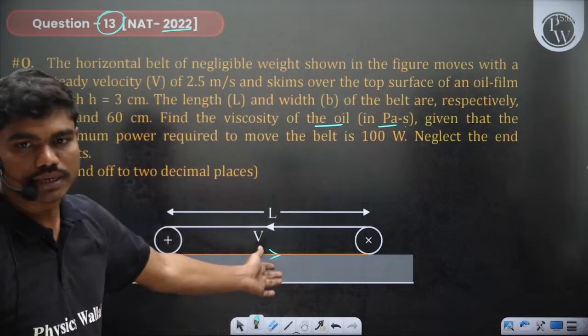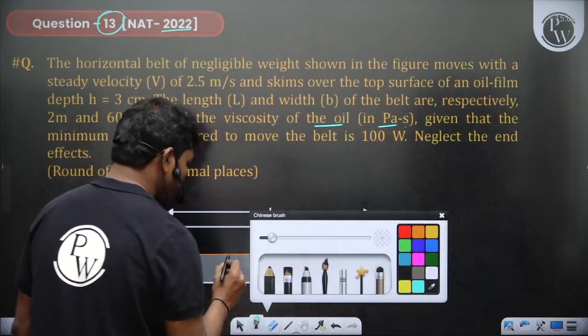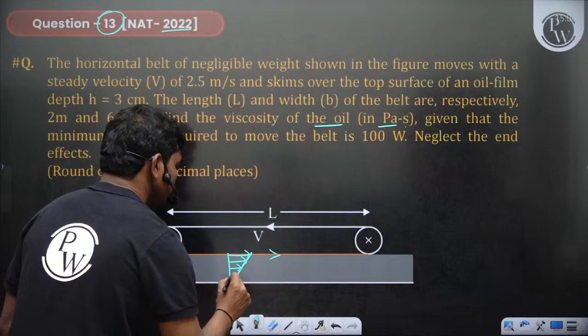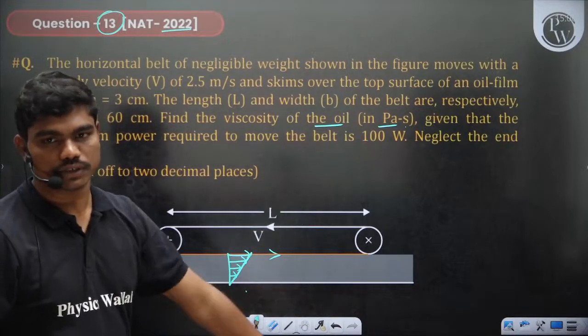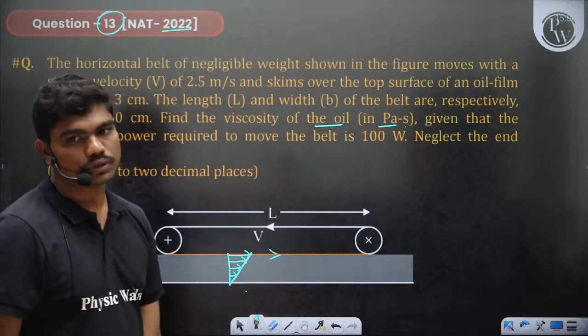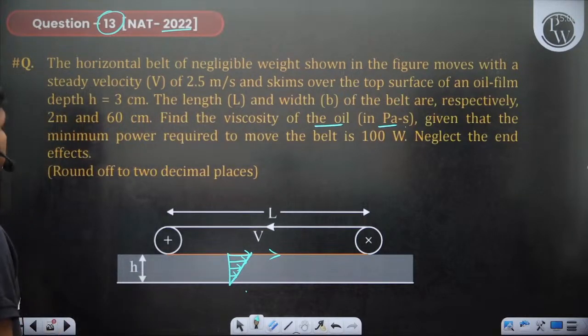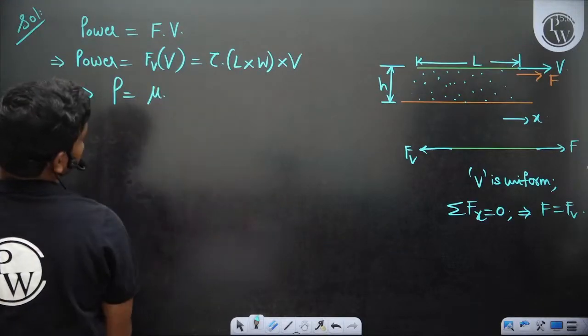So if you take the simplified plane Couette flow, you have a linear velocity profile in this case. Normally these conveyor belts are exposed to the same atmosphere, so the pressure at every point is the same, so you don't have to worry. Given that minimum power, tau is mu times the velocity gradient by Newton's law of viscosity.